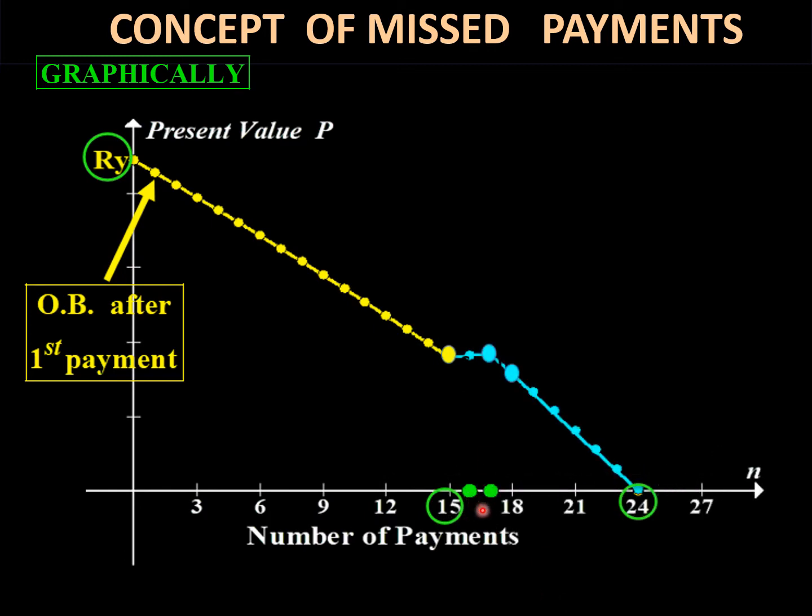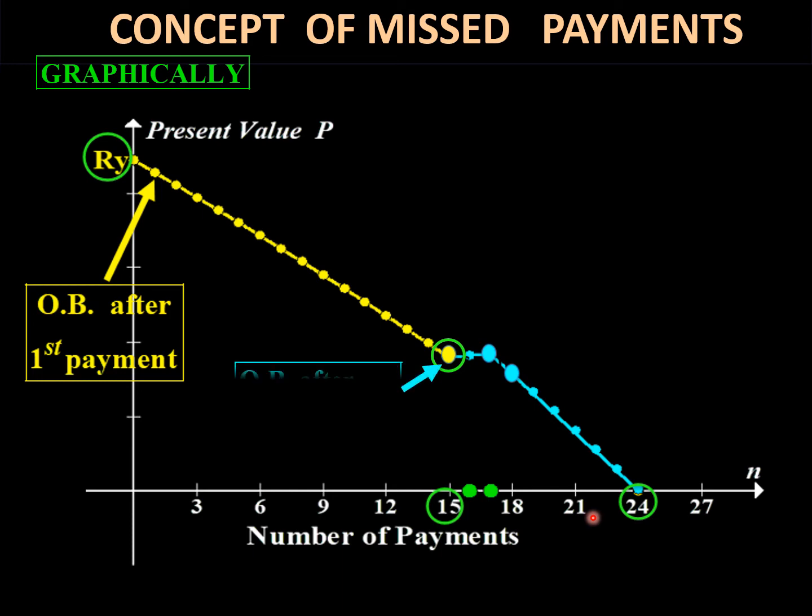Payment number 16 and number 17 were missed, right? So you need to know what is that balance. We have to calculate the balance here, because that outstanding balance will now grow for 2 months, and then you'll make your payment on the 18th again there, right? And then you'll still try to stick to your original agreement of over 24 months.